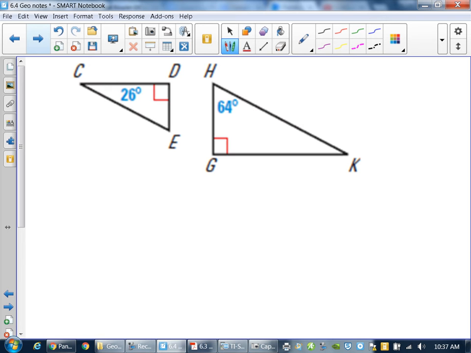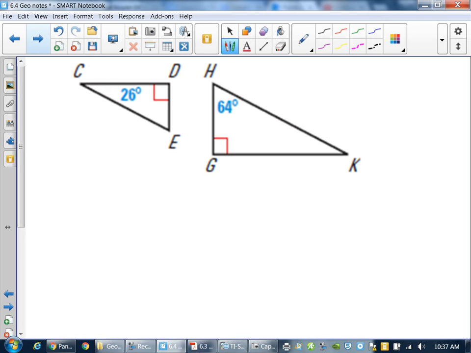But we also have to figure out what the missing angles are equal to. So basically it boils down to how many degrees are in a triangle? 180. Okay. So we know that we have 180 degrees in the triangle.